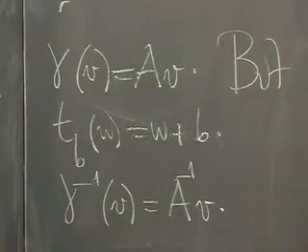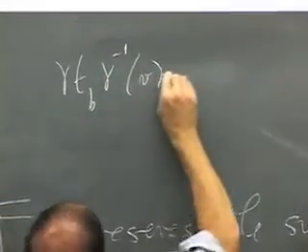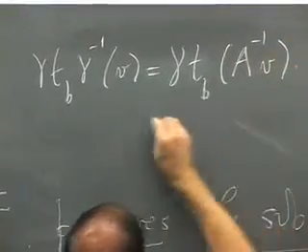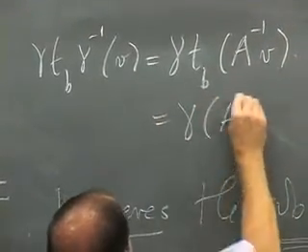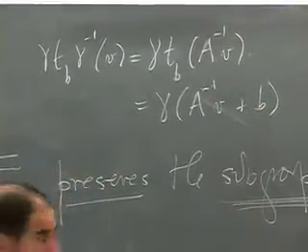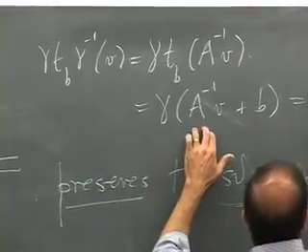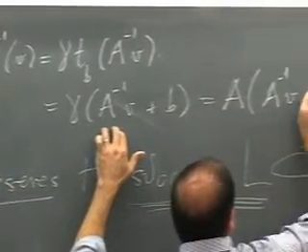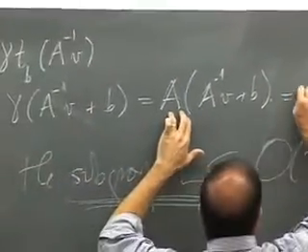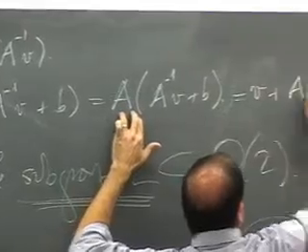Sorry for this deviation. So if I do gamma inverse of v, so I want gamma tb, gamma inverse of a vector v. So it's gamma tb of A inverse v, right? Which is gamma of A inverse of v plus b, right? Which is A of A inverse of v plus b, which is v plus A of b.